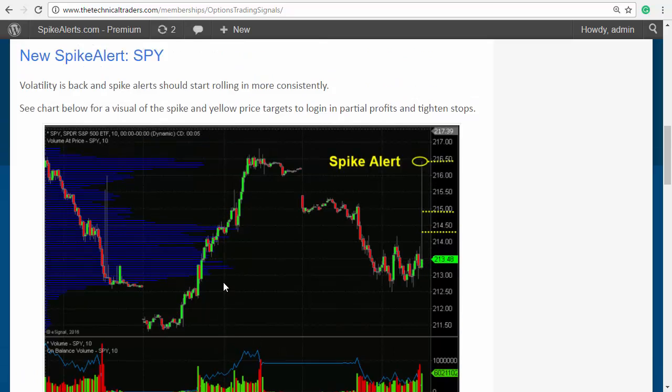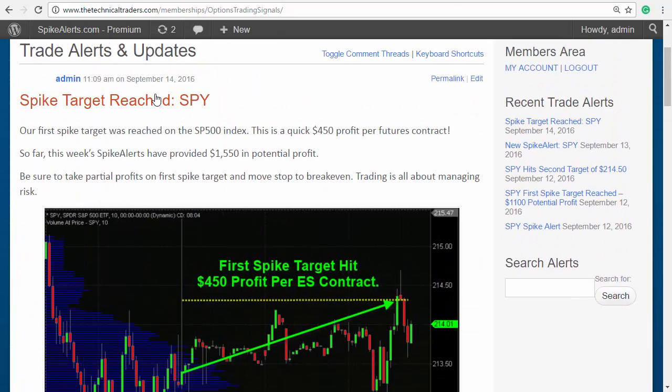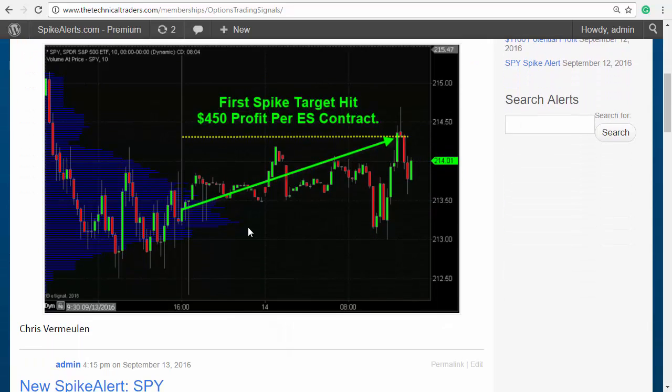Now if we take a look at how that unfolded the following session, this is the next day on the 14th at 11:09. Really, our spike fill, our first target, was reached, I think around 9:45 or so in the morning. But either way, we had our spike here, which is tough to see because I over zoomed in on the chart. This spike actually continued to move higher.